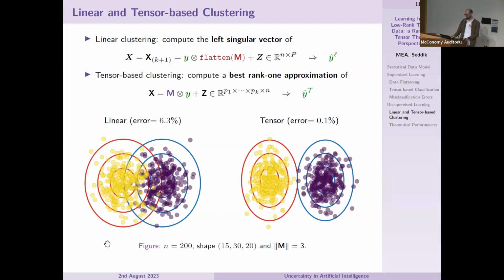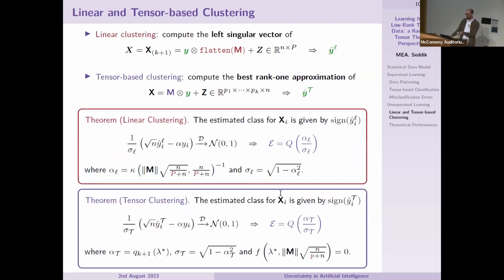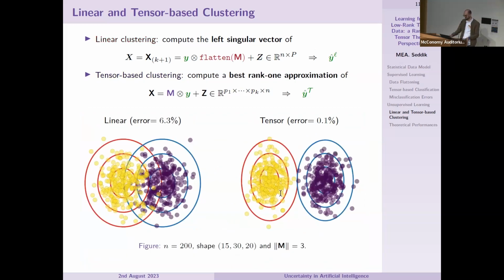So again, when we apply the linear approach, we get a higher variance in the data, while when we apply the tensor-based method, we get a smaller variance, which gives us better accuracy. And these tools can now characterize exactly the theoretical accuracy that we can get from this data model.